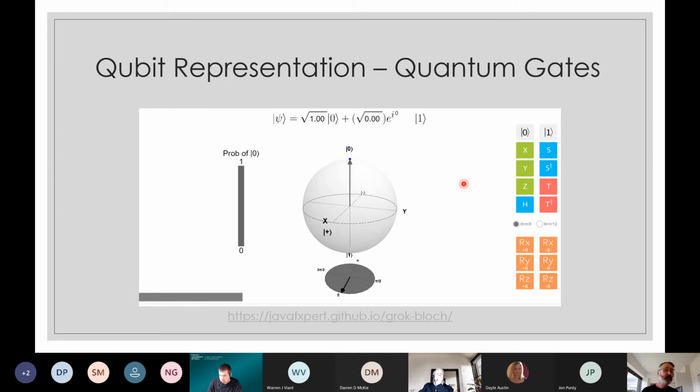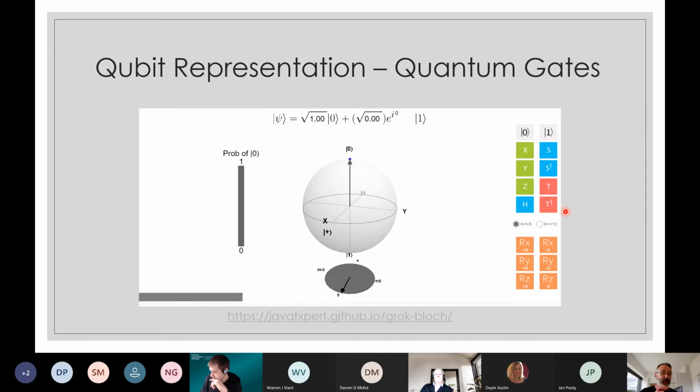What I didn't say was alpha and beta are complex numbers, and they have a constraint on them, as we said before, that the modulus of alpha squared plus the modulus of beta squared equals 1, because the modulus of alpha squared is the probability that 0 is going to occur, and the modulus of beta squared is the probability that 1 is going to occur. That's the state of our electron when it's in superposition.